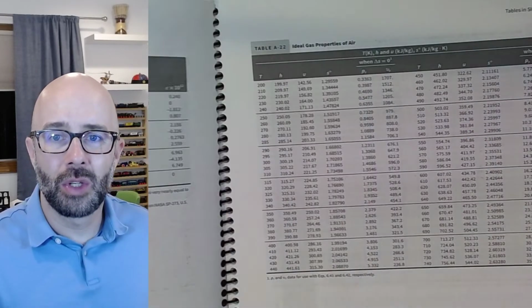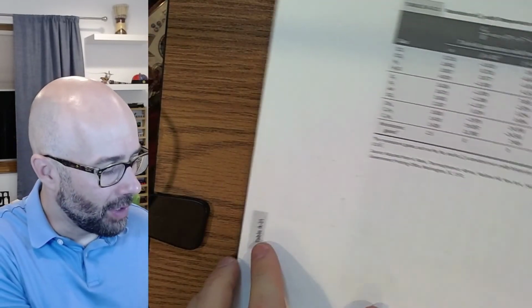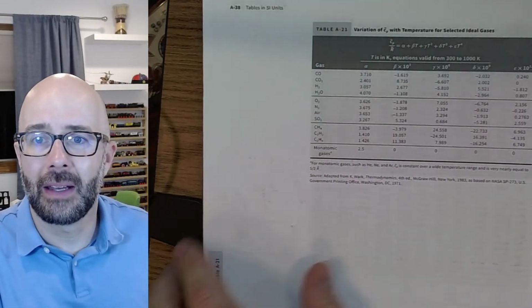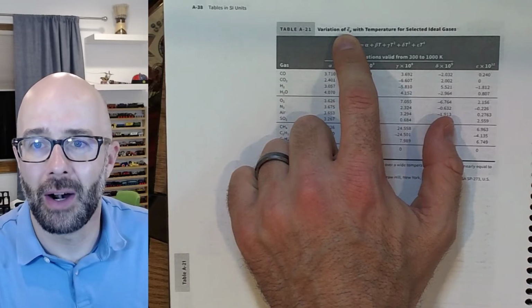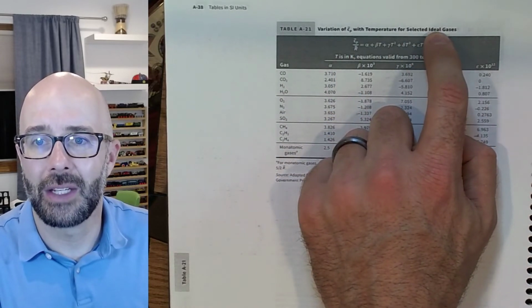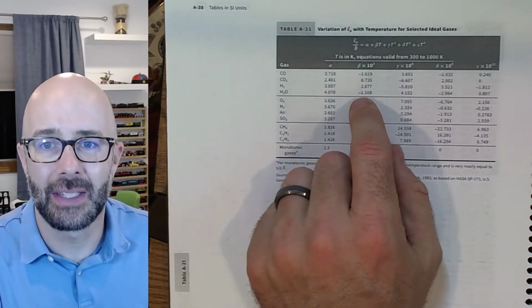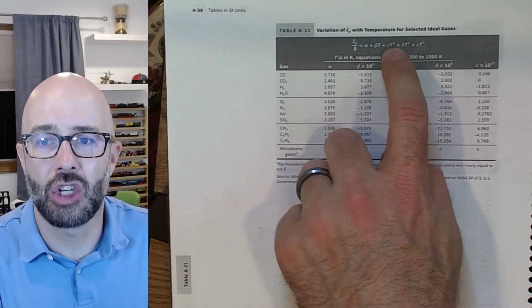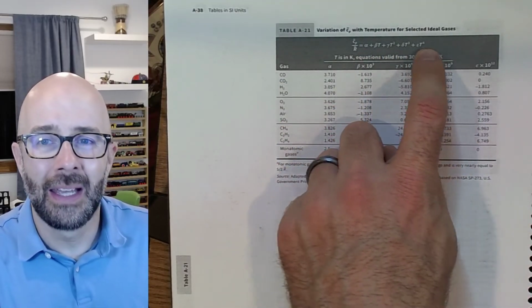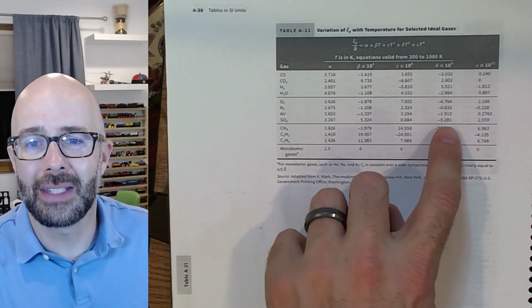Now we're going to go to our next table, and our last table is going to be A21. And this is the variation of C sub P bar with temperature for selected ideal gases. Again, we're talking about ideal gases, but this is showing us how the specific heat would change, and it's giving us an equation that we could use. Now we are not going to use this table a lot.